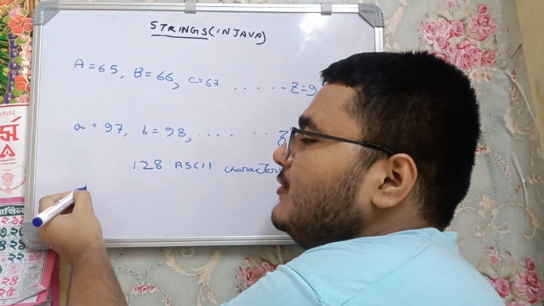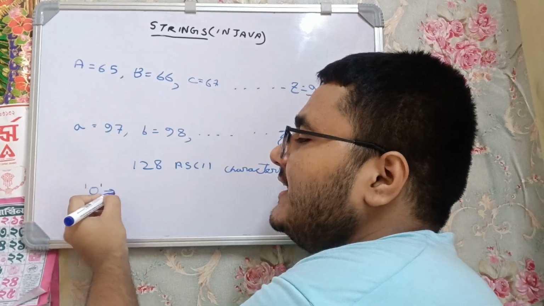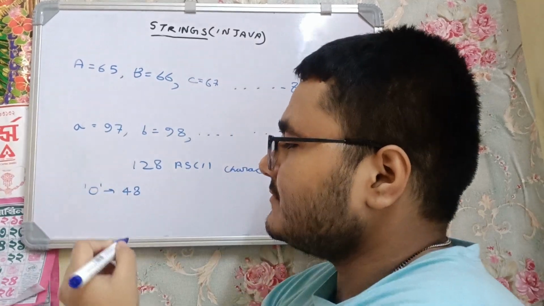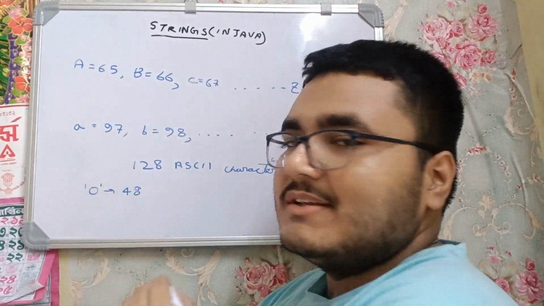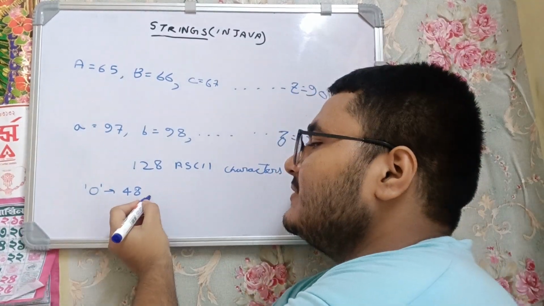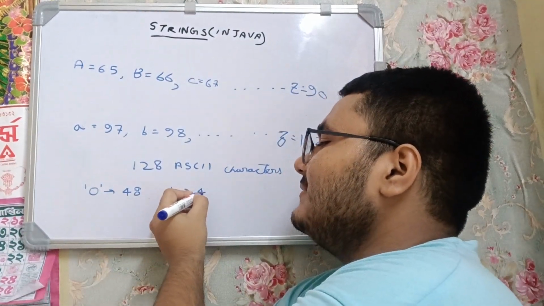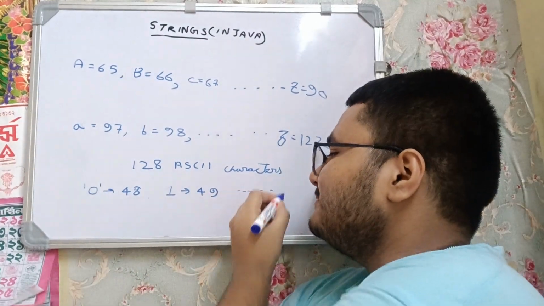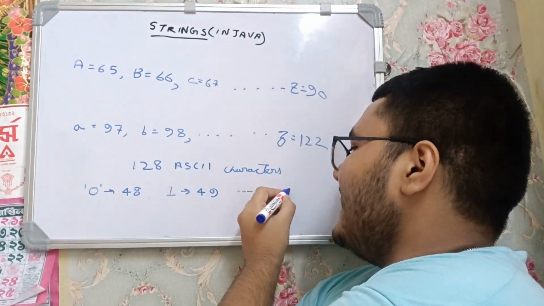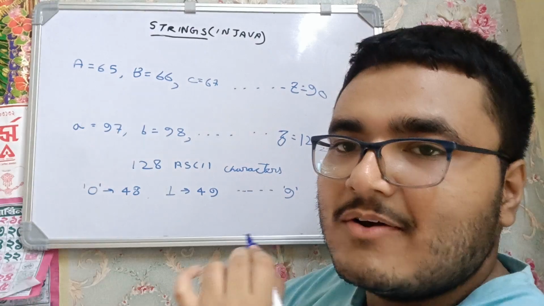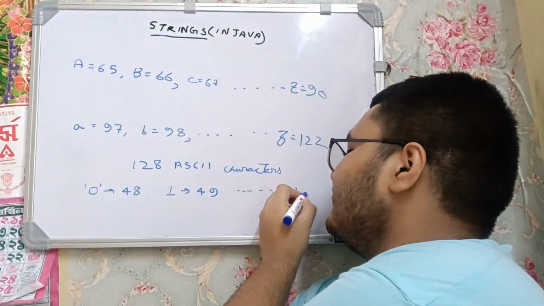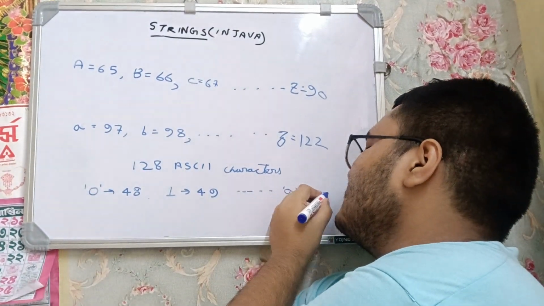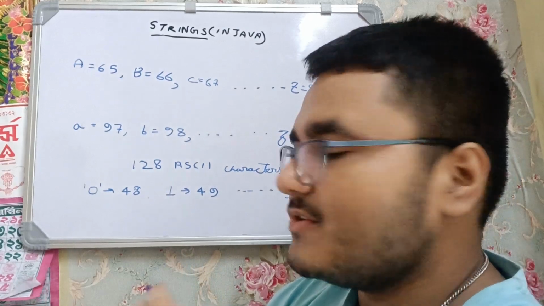See, 0 has an ASCII value of 48. Okay, 48, 0 ASCII 48. Then 1 is 49, and so on up to 9. Is it 56 or 57?